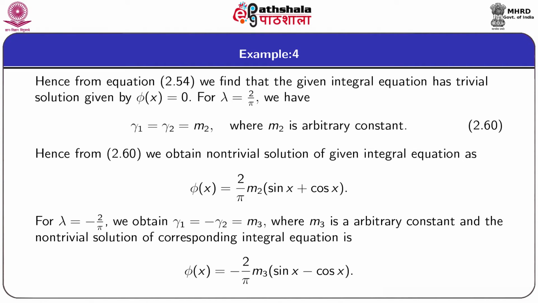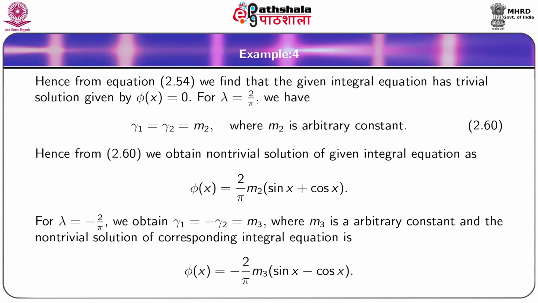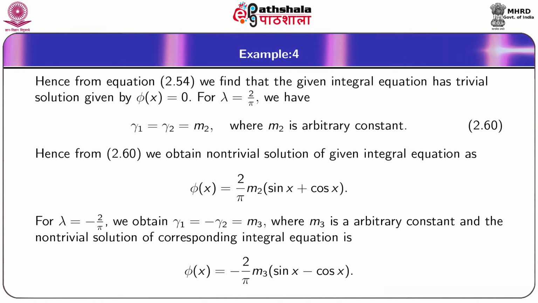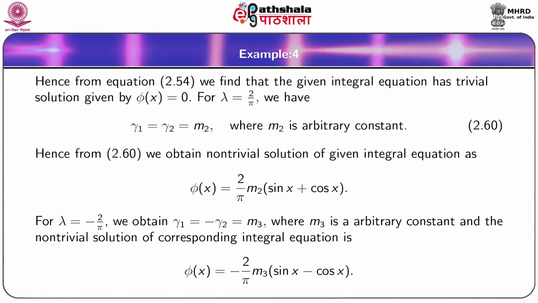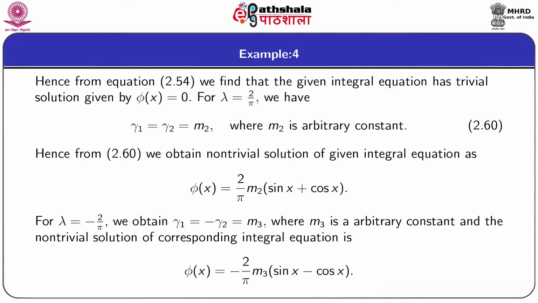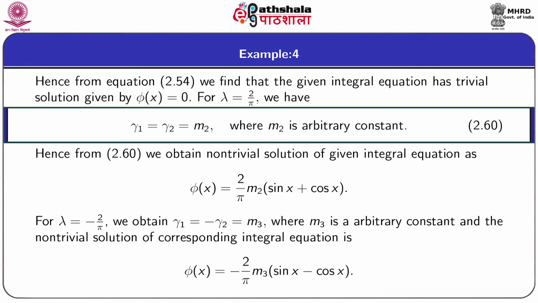Now, for lambda equal to plus minus 2 by pi, we expect a non-trivial solution of the system of equations given by 2.57 and 2.58. For lambda equal to 2 by pi, we have from this system of linear equations gamma 1 equal to gamma 2 equal to some arbitrary constant m2, say.